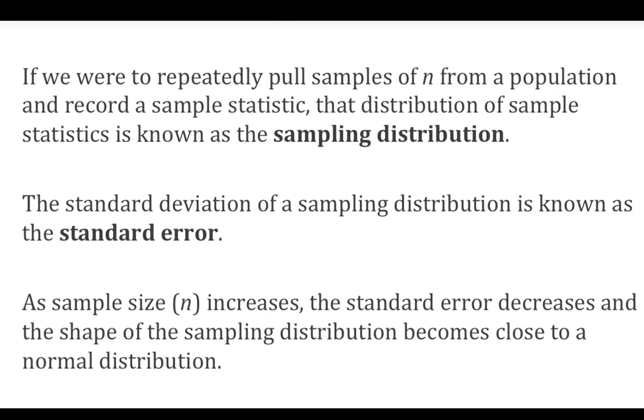The standard deviation of a sampling distribution is known as the standard error. Sometimes you'll see this abbreviated as SE. As sample size increases, the standard error decreases, and the shape of the sampling distribution becomes close to a normal distribution.